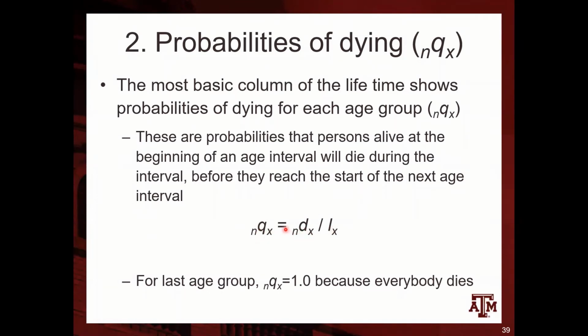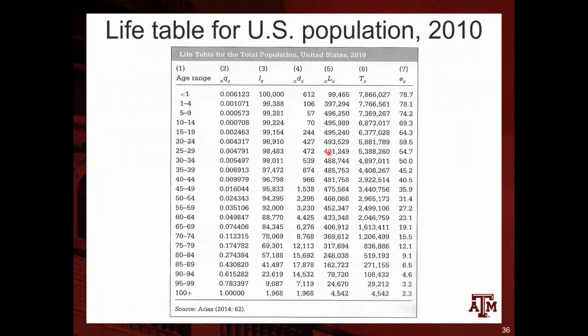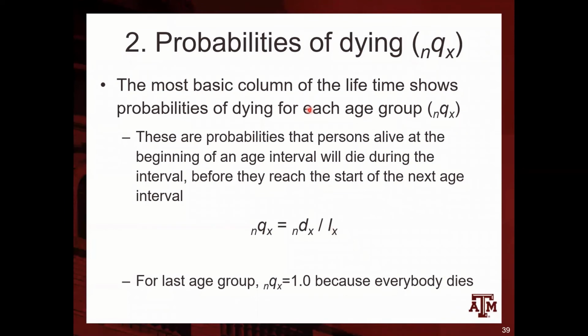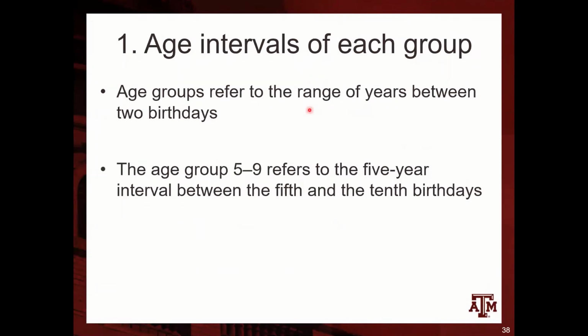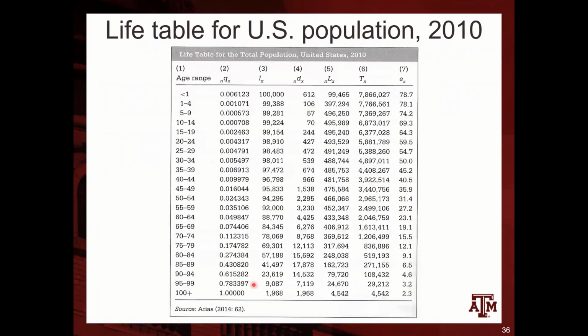So DXN equals QXN multiplied by LX. That's exactly the example that I showed you here. 99,388 multiplied by 0.001071 equals 106. And that comes from this formula. And for the last age group, the probability of dying equals 1, as we saw before.